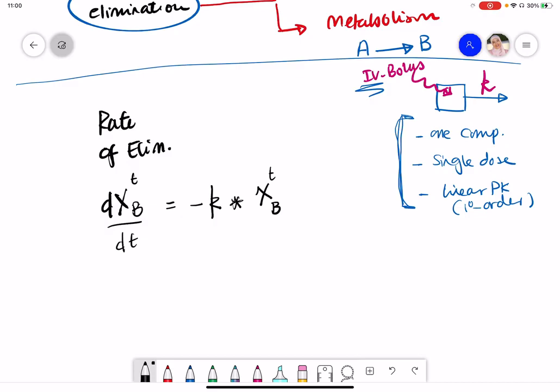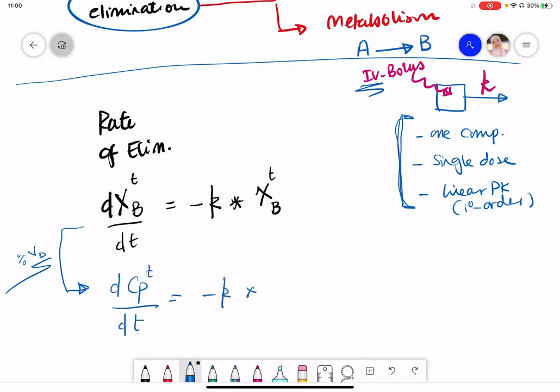And we were able also to use a similar equation in concentration terms, because we know that the volume of distribution is a constant term, and we were able to describe the same thing: dC over dt equals minus k multiplied by the concentration measured of the drug at certain time.